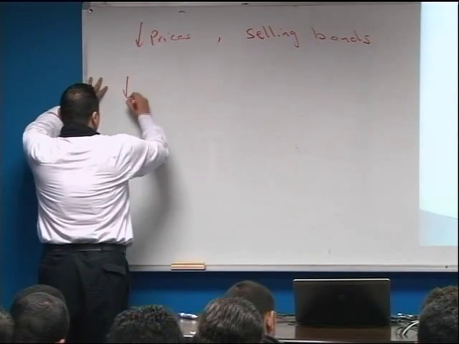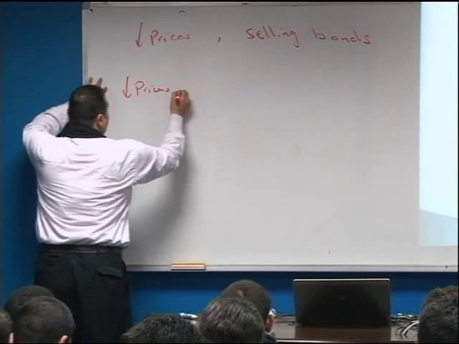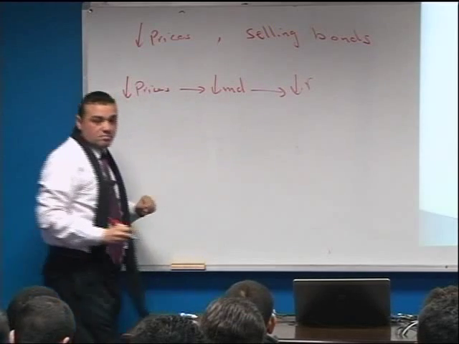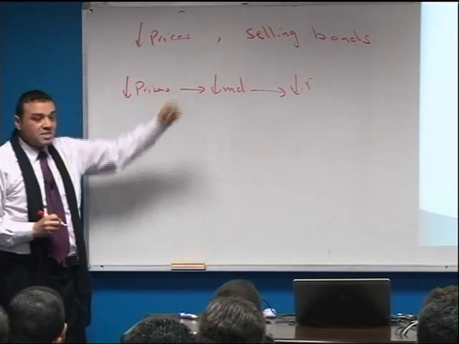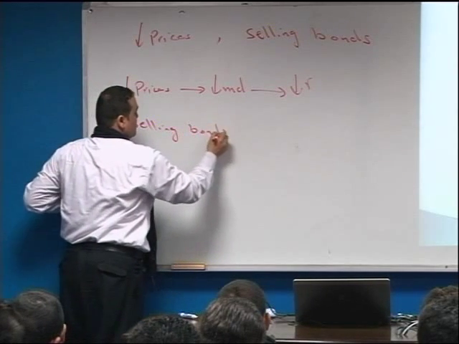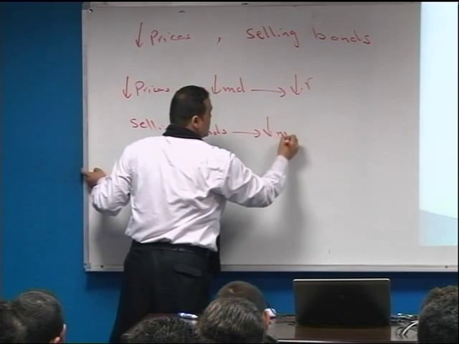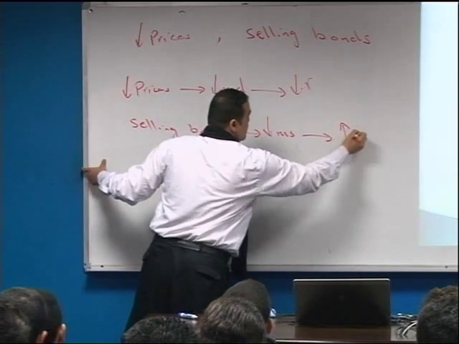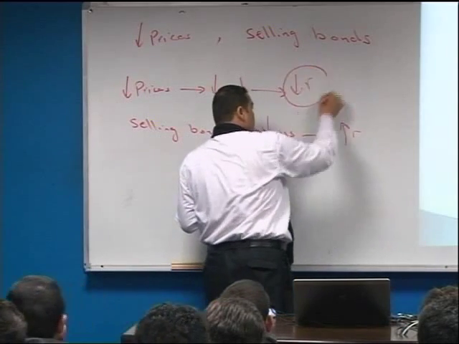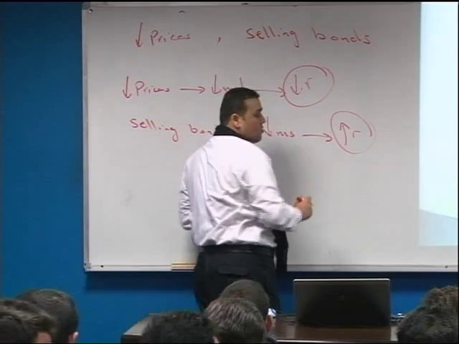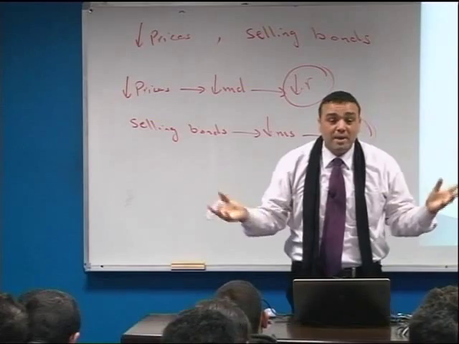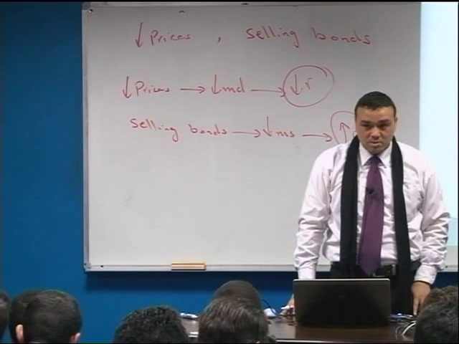For the first case, the decrease in prices leads to a decrease in money demand, so the interest rate would decline. What about the second case? Selling bonds leads to a decrease in money supply and then an increase in the interest rate. So the final result is ambiguous, because here the interest rate declined and there it increased, so the equilibrium interest rate is indeterminate or ambiguous.